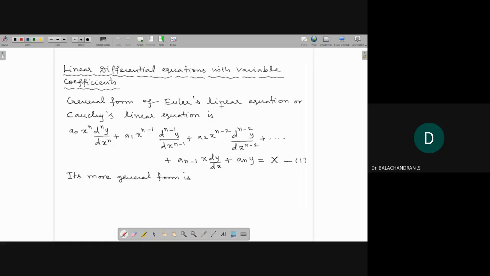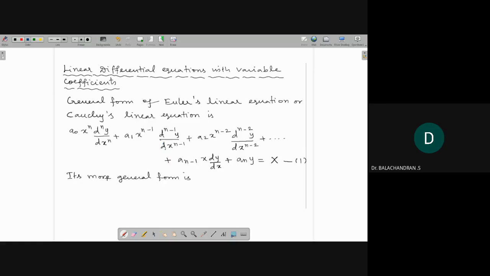The general form of the Euler homogeneous linear equation or Cauchy linear equation is a naught x power n d power n y by dx power n plus a1 into x power n minus 1 into d power n minus 1 y by dx power n minus 1 plus a2 into x power n minus 2 into the n minus 2 derivative of y by dx power n minus 2 plus and so on, plus a n minus 1 into x into dy by dx plus a n y equal to the right hand side function, which I will take as capital X. This equation 1 is called the Euler homogeneous linear equation or Cauchy linear equation.